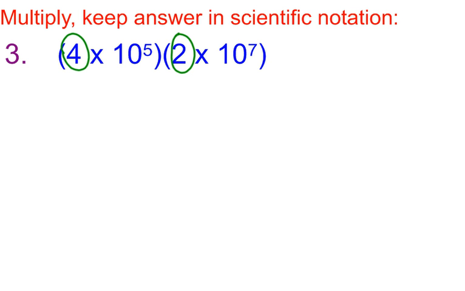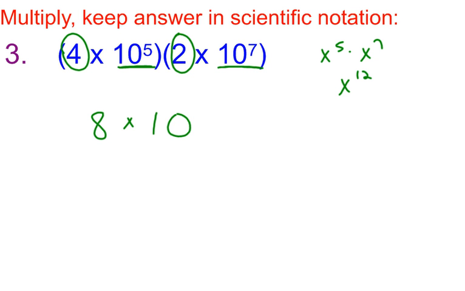So 4 times 2 would give me 8. So my answer is going to be 8 times 10 to the, and this is the same base. Just like if I took x to the 5th times x to the 7th, I'd get x to the 12th. These numbers both have a base of 10. So I want to keep that base of 10 because I'm in scientific notation, but I add those exponents. So my answer would be 8 times 10 to the 12th.